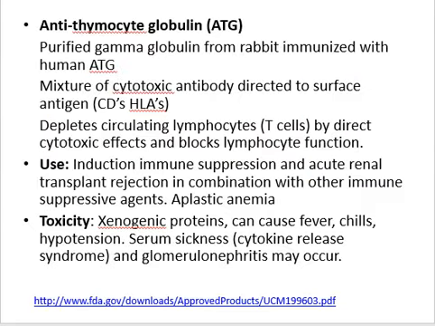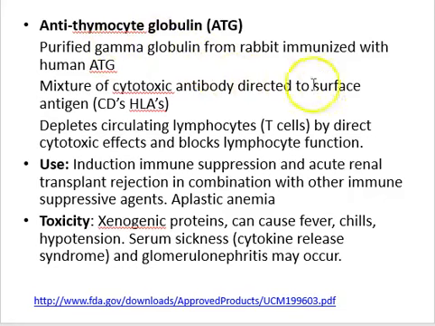Okay, so from a T cell standpoint, we can start globally and then end up more specifically. And so here's an example. This is anti-thymocyte globulin, or ATG, and this is really a mixture of a whole different group of cytotoxic antibodies directed against T cells.